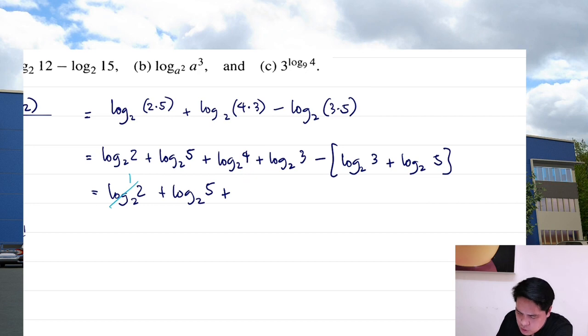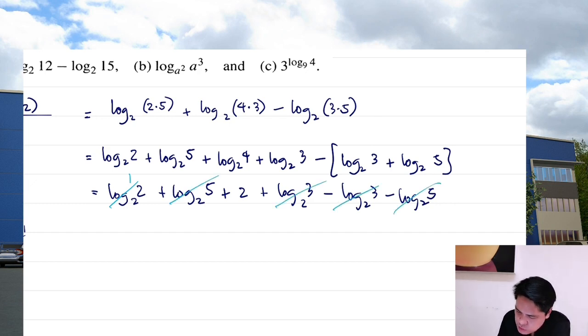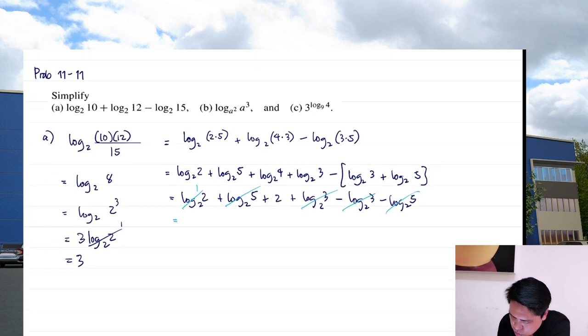So, the answer here is just 2, plus logarithm of 3 to the base 2 minus logarithm of 3 to the base 2 minus logarithm of 5 to the base 2. So, we cancel this out. Ito ma-cancel din. So, the answer would be 1 plus 2, 3.